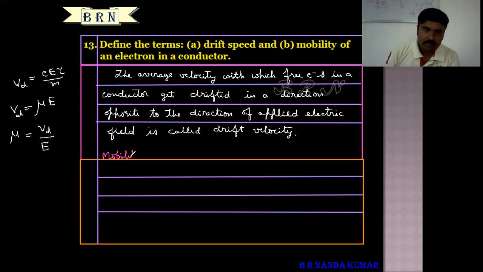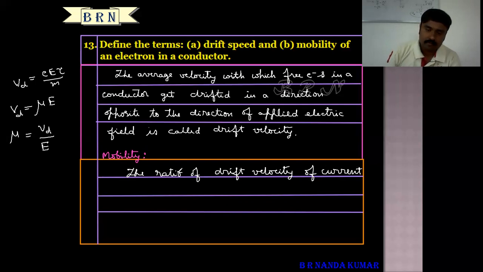So mobility is a ratio, the ratio of drift velocity of current carrier to the applied electric field.